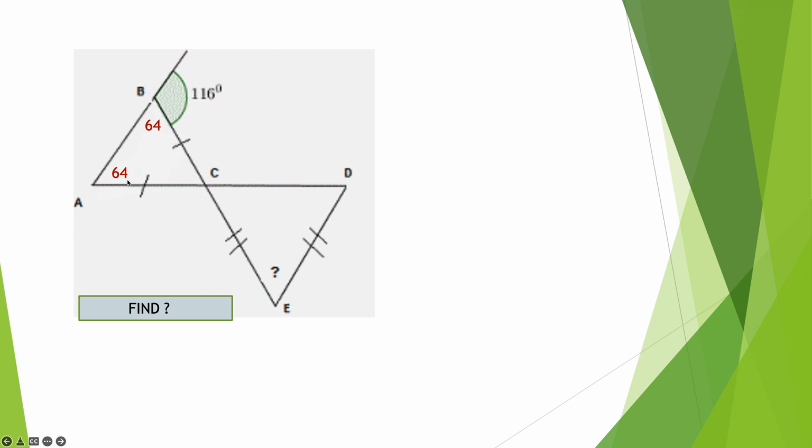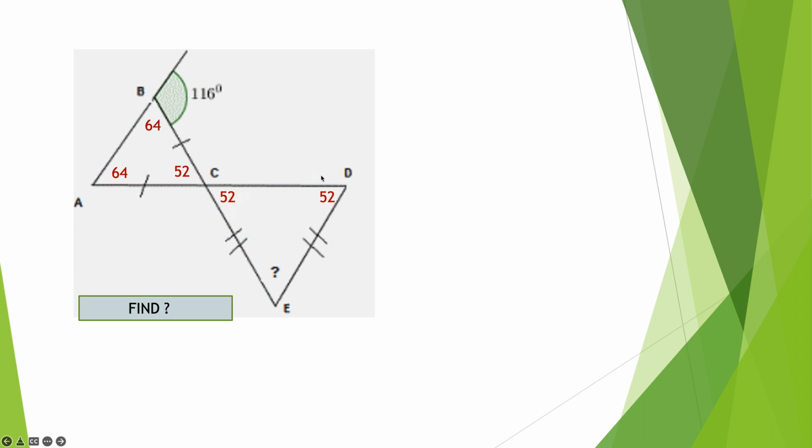So 64 and 64 adds up to 128, which means the missing angle here is 52. But 52 is vertical to the angle in the other triangle, which is 52. And here's your legs with the double hash marks. So just as this is 52, the angle at D is also 52.